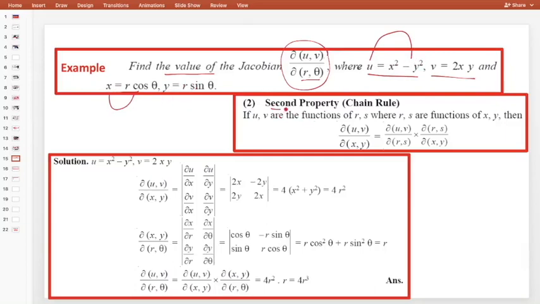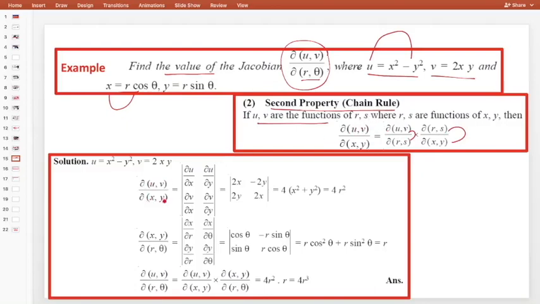So we know the chain rule property says what, the second property we have just seen. We have to find del uv by del xy. So first we find with respect to r, theta and then r, theta with xy, so that we can reach from uv to xy, right? So we use this result, the chain rule.